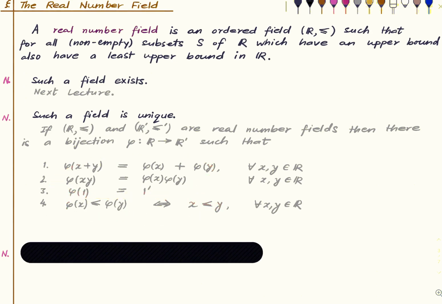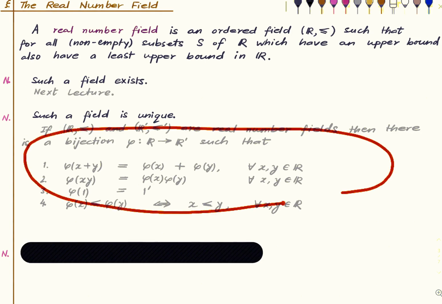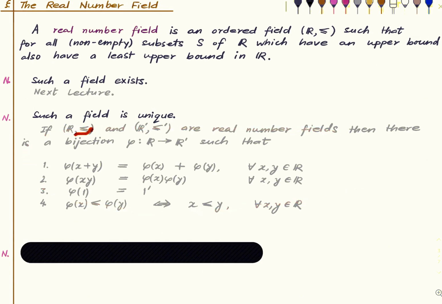So everything of essence is preserved. Things here, after you change their names using phi, behave exactly like things in R prime. So there is no essential difference between this object and that object. Okay, so I hope that was clear. So in this sense, the real number field is unique. Everything that you can do here, you can do there, and everything you can do there, you can do here.